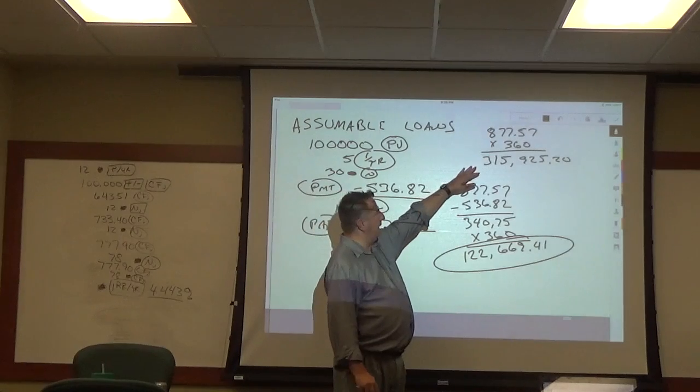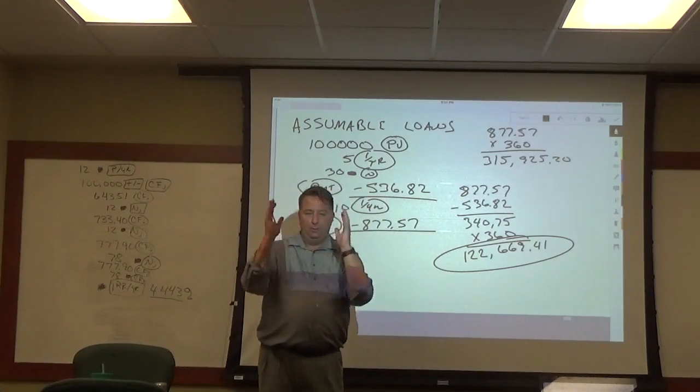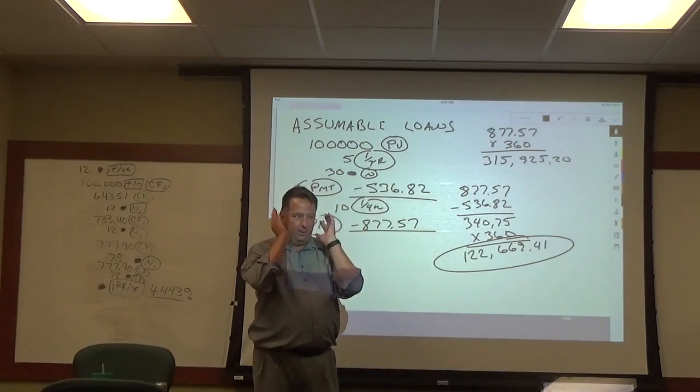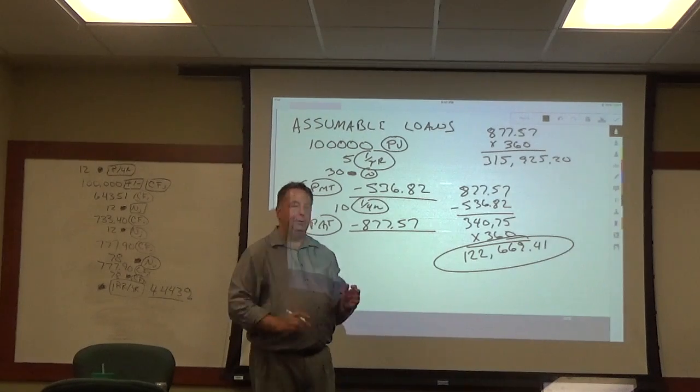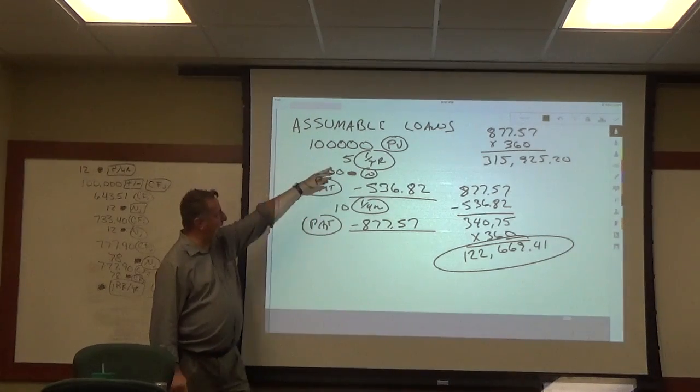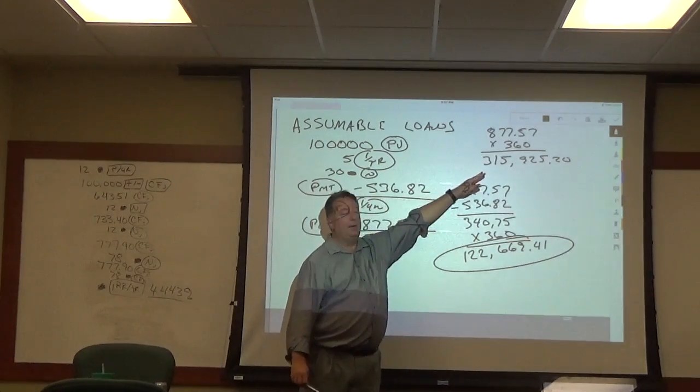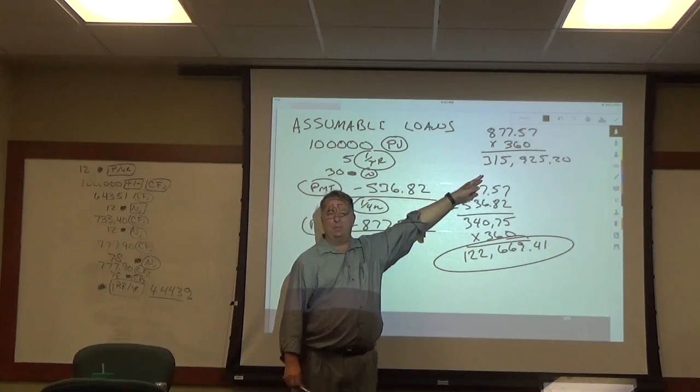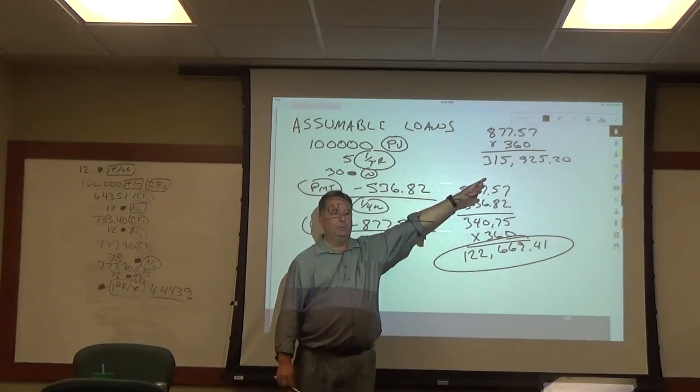That's both principal and interest. Now, not being a rocket scientist here, how much of that is interest? Well, if your loan is $100,000, subtract out the $100,000 from that. So $215,000 of it is interest.